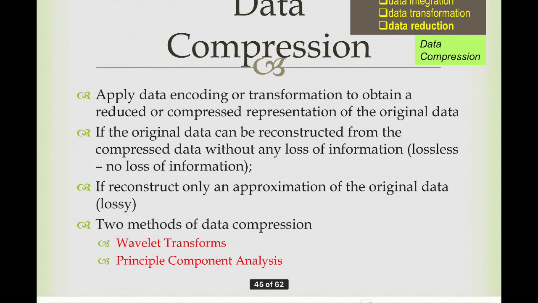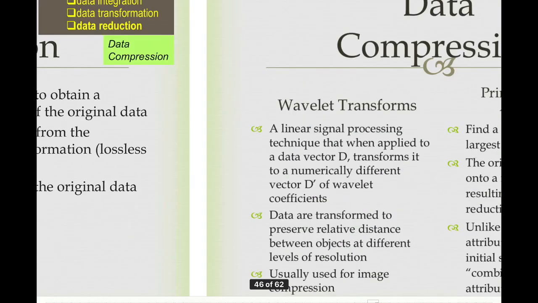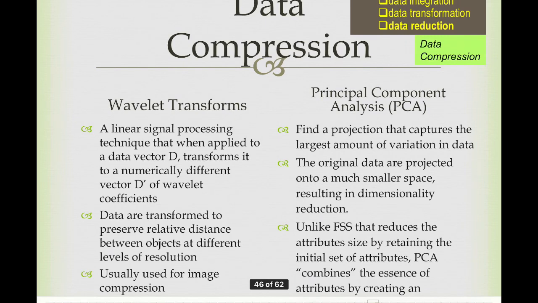WhatsApp will compress your image, but Telegram will retain the size of the image. But in WhatsApp, even though the image has been compressed, it still retains the value of it without any loss of information. So two methods of data compression would be wavelet transforms and also principal component analysis. So you can do further research on this.